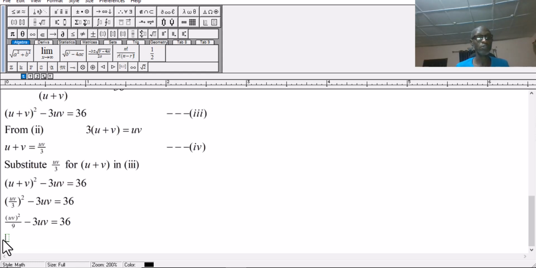I'm going to solve this. So uv all squared minus 27uv equals, by the time you multiply that, that will give us 324. I've used 9 to multiply everything through.